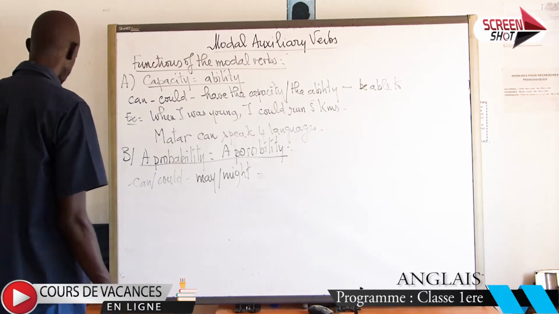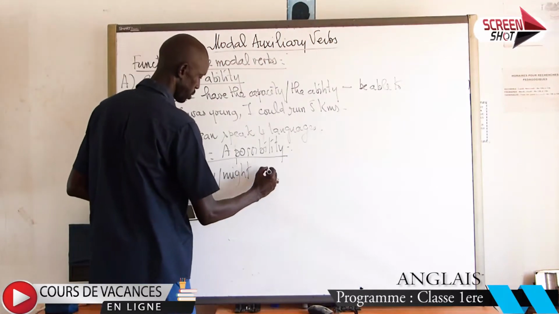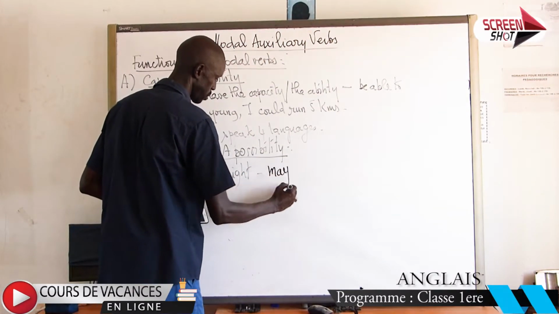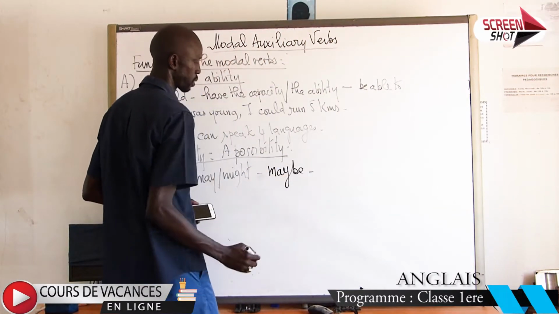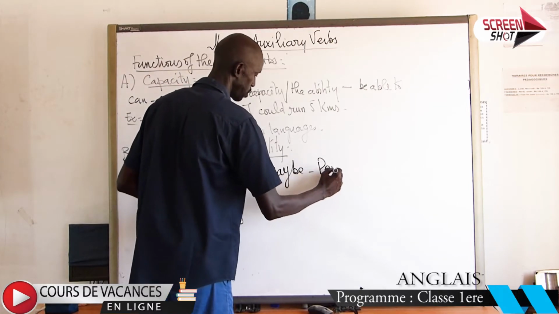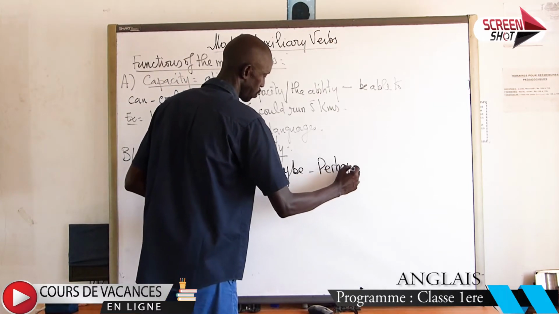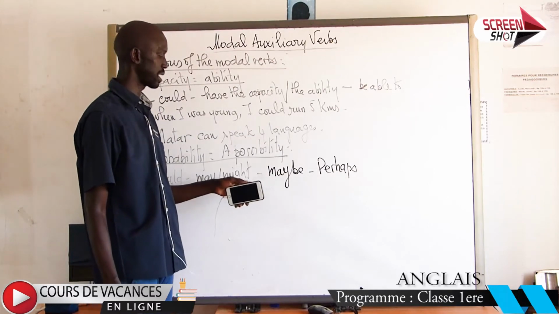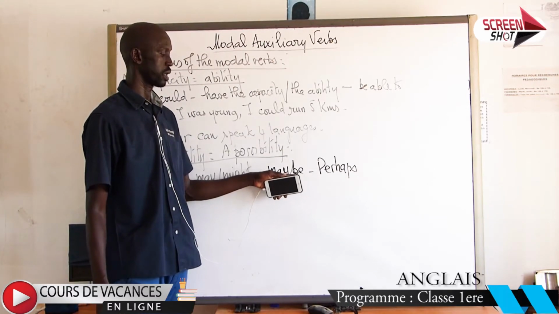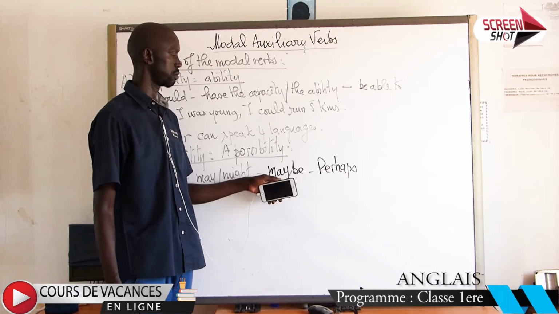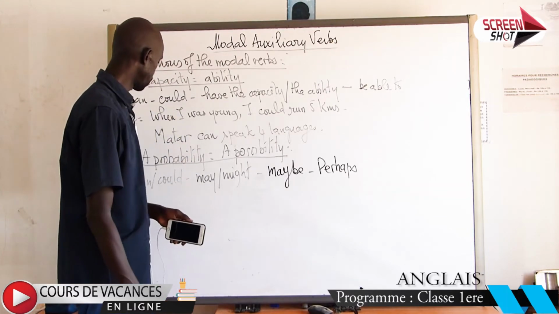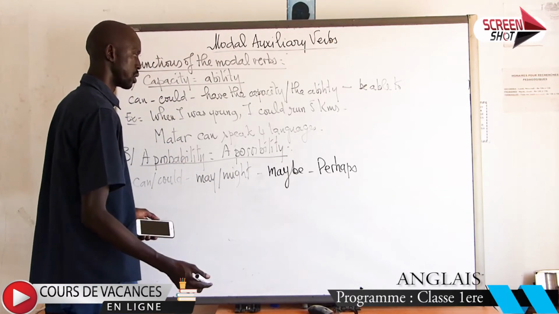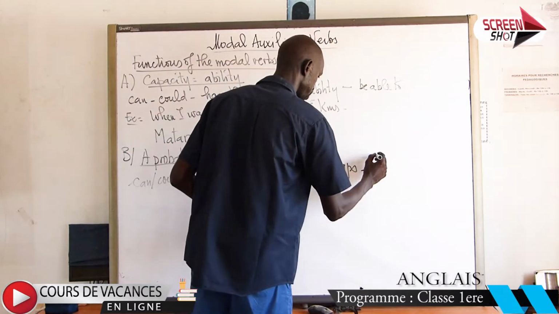We can have also maybe, one word, or perhaps, one word also, which is the equivalent of the French word peut-être. Peut-être, that is compounded. Peut-être, maybe, or perhaps. Or it's possible.